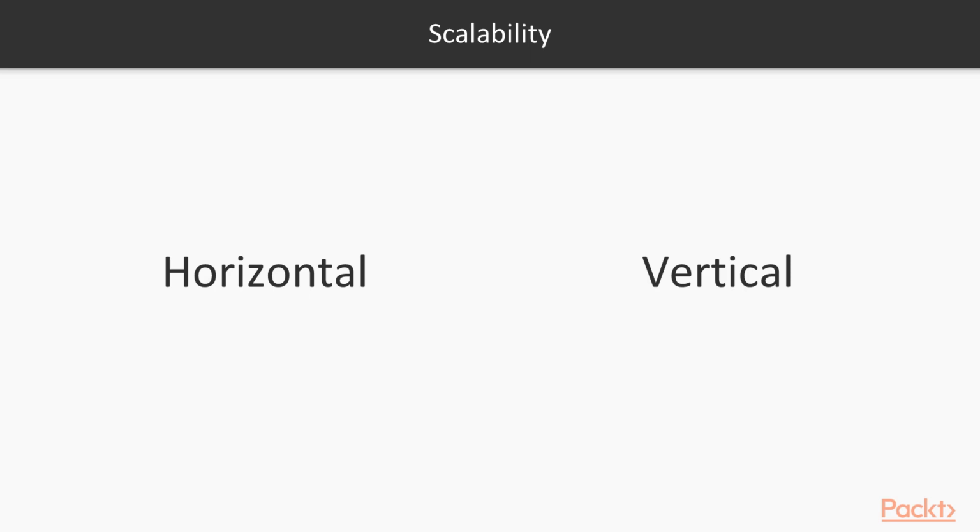Now you need to do something, otherwise your single machine running your server is going to go down. It's not going to be able to support all of those users at the same time. There are two ways in which you can scale, and we call them horizontal scale and vertical scale. So what's up with that?